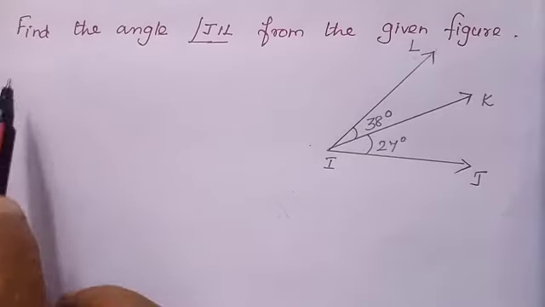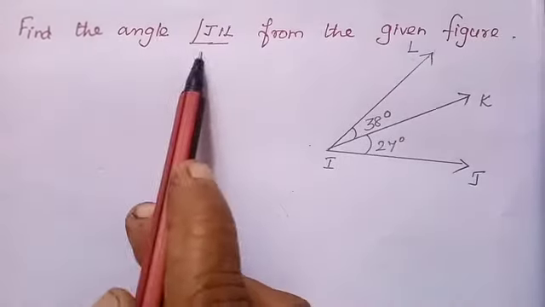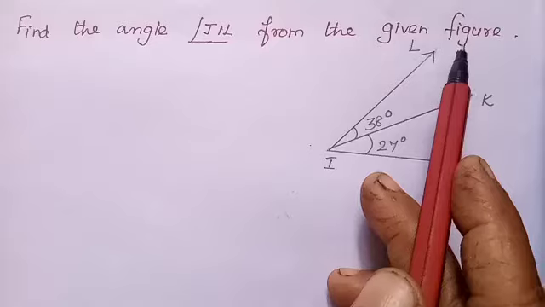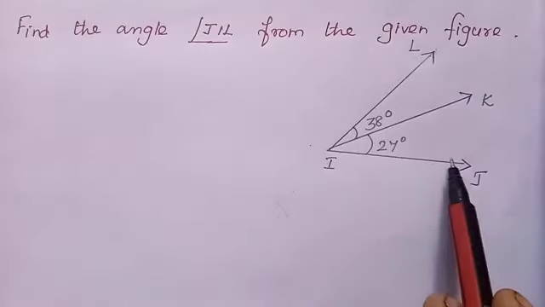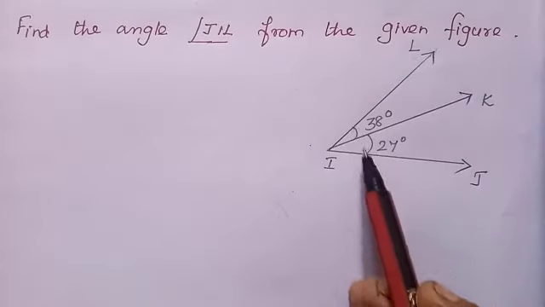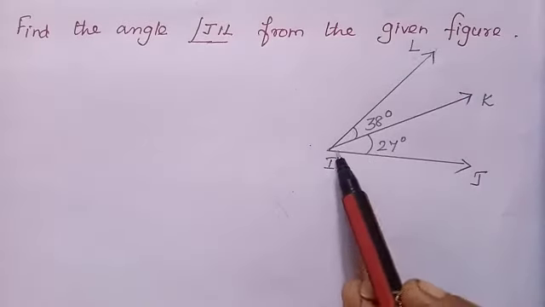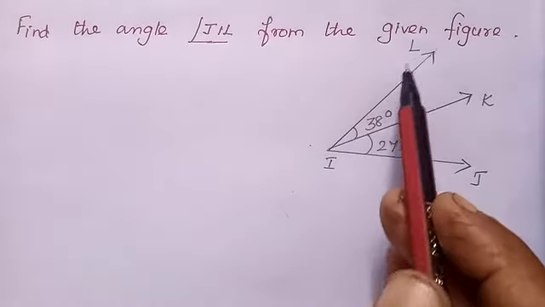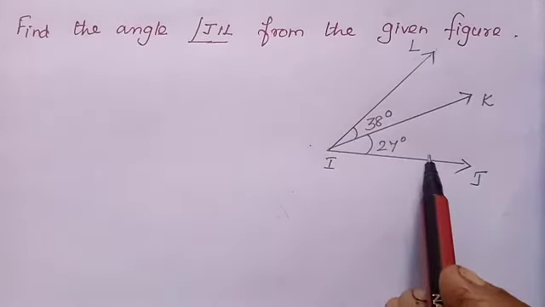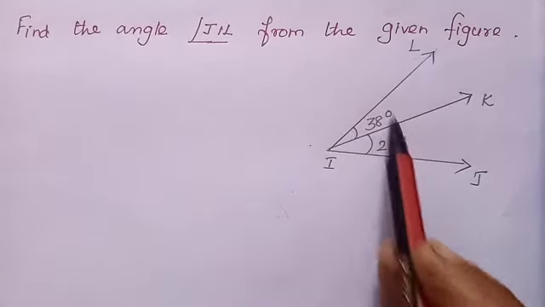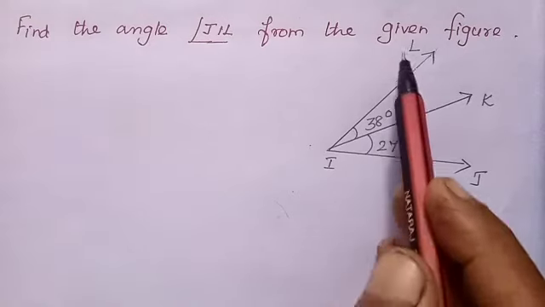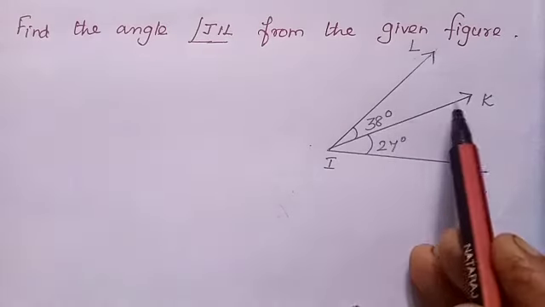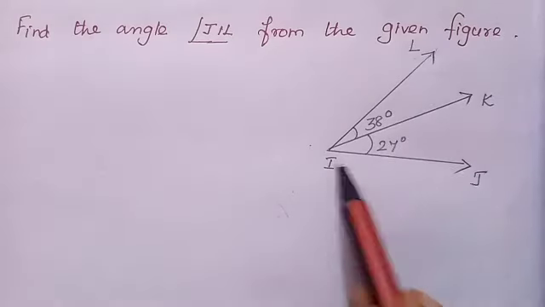Listen, question number 2. Find the angle JIL from the given figure. In this figure, we are going to find out the whole angle I. That means JIL. See what is given in the question. 2 adjacent angles are given. One adjacent angle is LIK and KIJ.